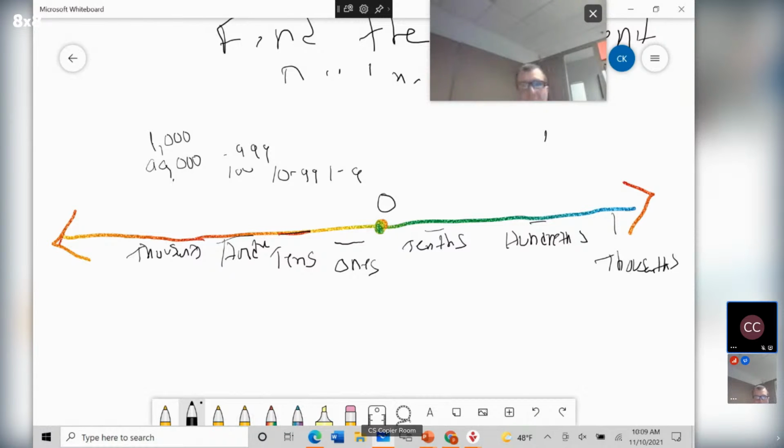Okay, so this is going to be a decimal from 0.1 through 0.9, and hundredths would be 0.10 to 0.99, and then the thousandths would be 0.100 up until 0.999.